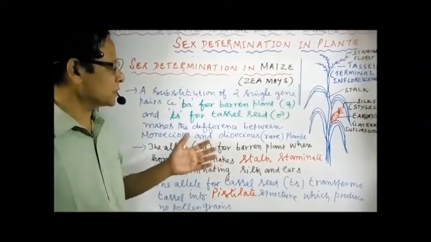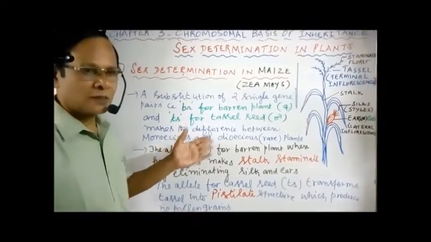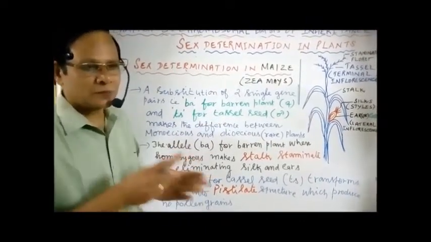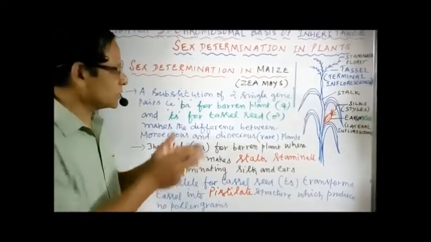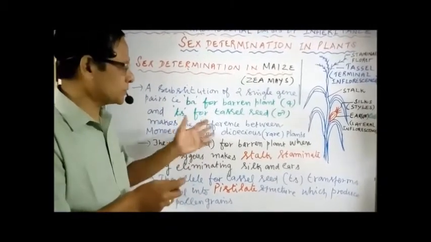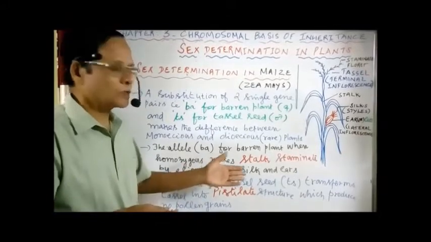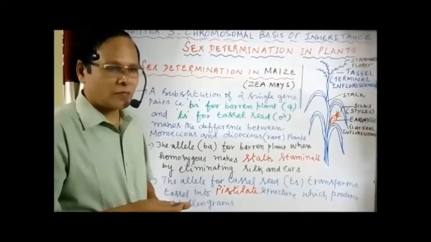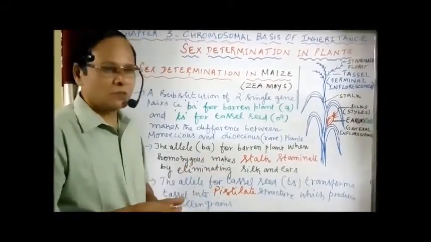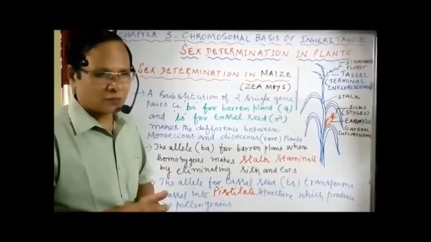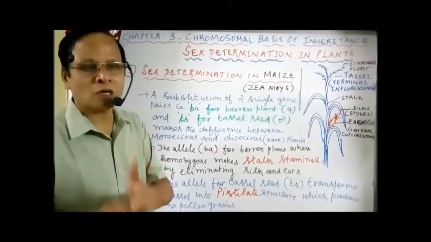Let's see the sex expression, the result of sex expression because of the combination of these alleles, in the form of a table. Most of these mutant forms normally cause defects in the synthesis of gibberellin hormone.